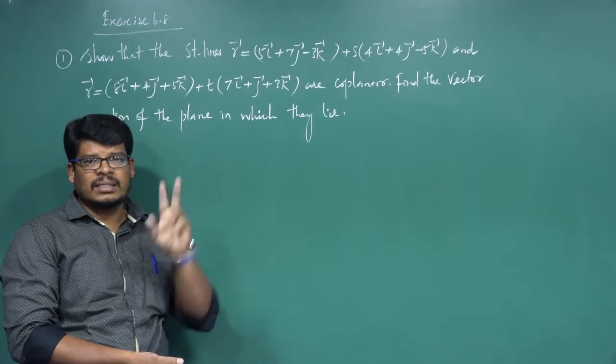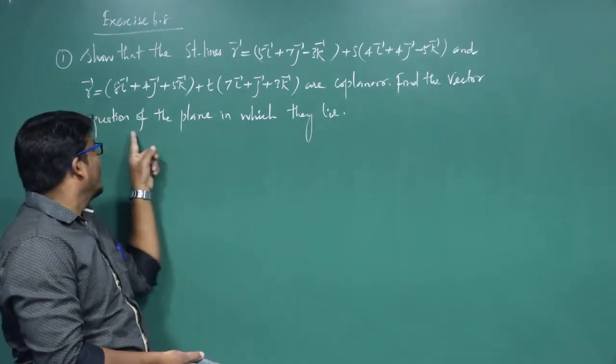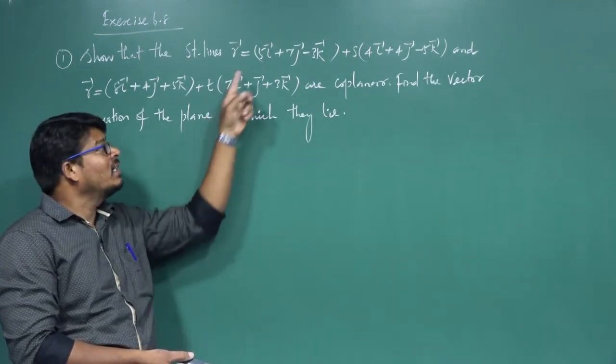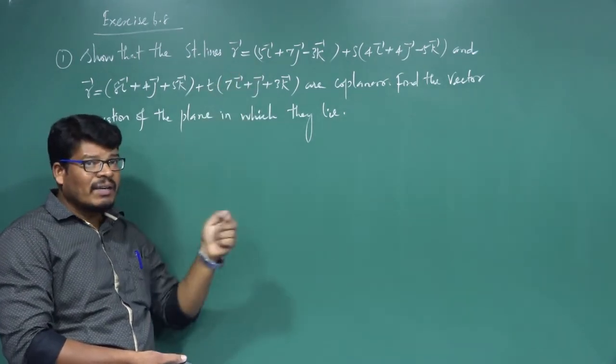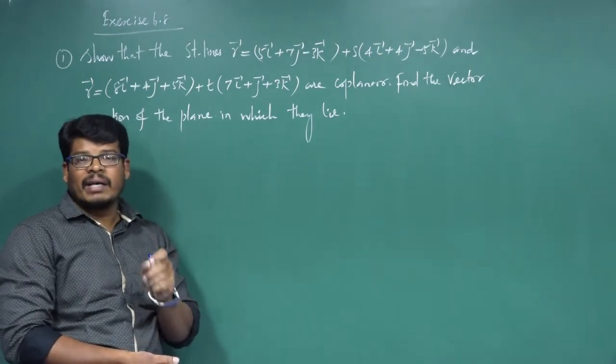Next, find the vector equation of the plane. The parametric form of the vector equation of the plane is r vector equal to a vector.